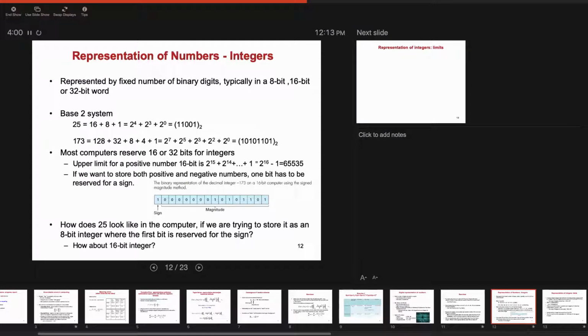So in that case, if I reserve one spot for the sign, then the leftover is what I have for the magnitude of the number. What that magnitude is depends on how many spots I have, and that determines the largest and the smallest numbers that I can store in there.